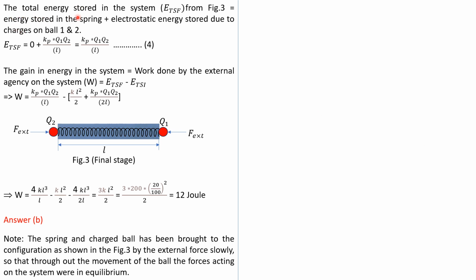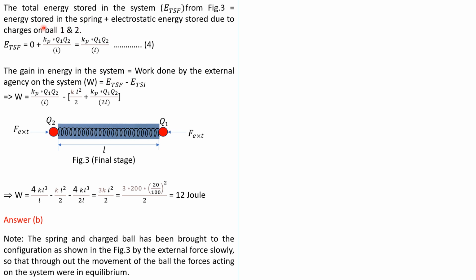Now the total energy stored in the system from figure 3, when the external force has been applied and it has been brought back to the free length of the spring.